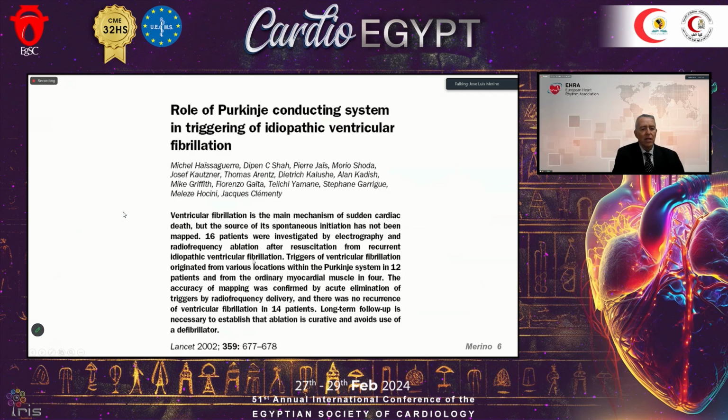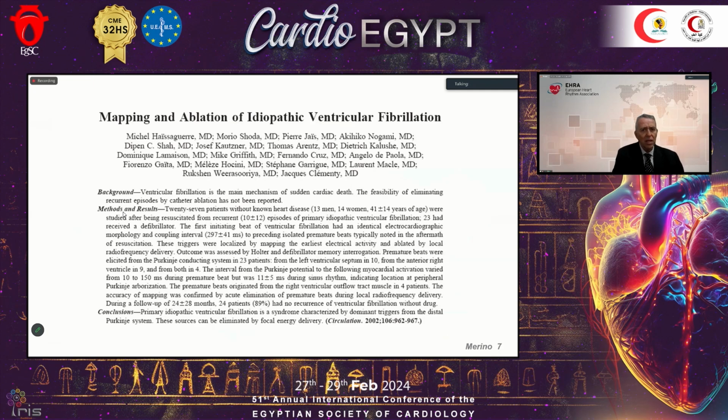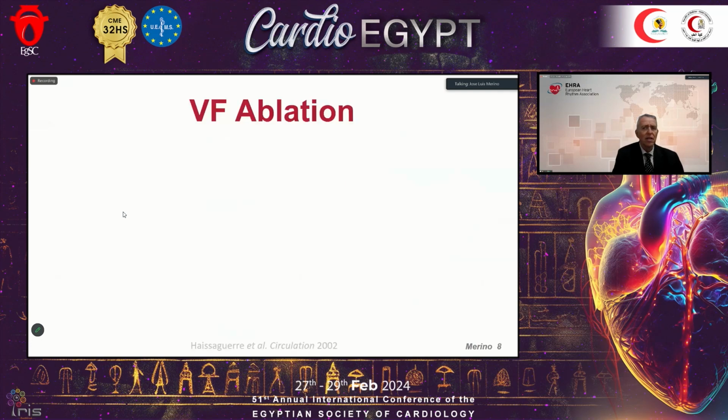Later on, the group from Bordeaux, Michel Haïssaguerre, published in The Lancet the first series on the role of the Purkinje system in triggering this idiopathic VF. Then they published a more comprehensive series including 27 patients with recurrent VF without structural heart disease.